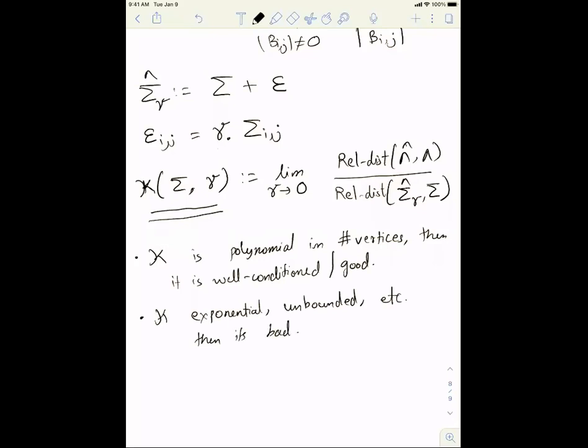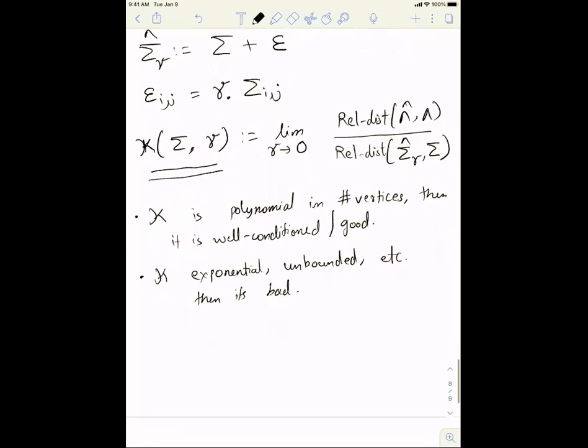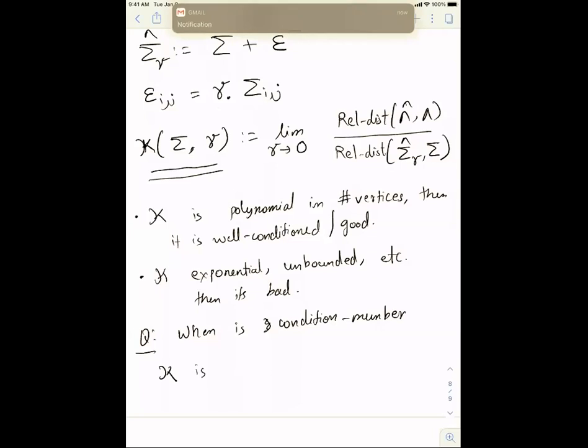So then the question becomes, the more formal question of what robustness is: when is this condition number kappa polynomially bounded?